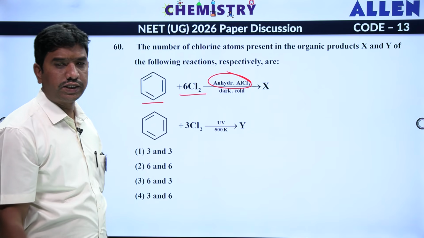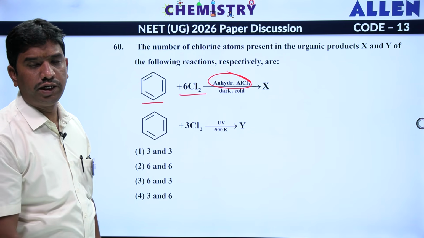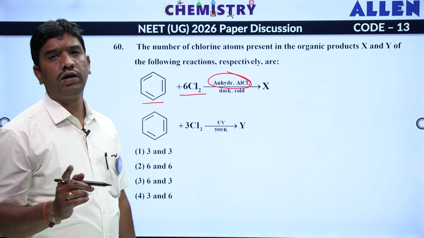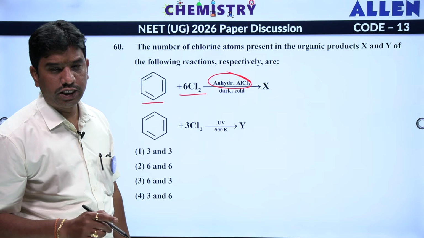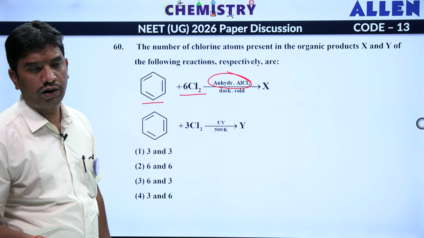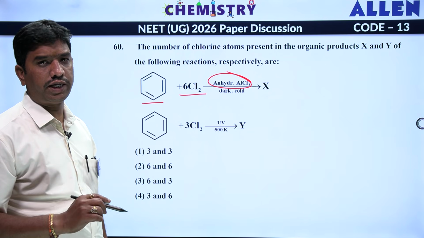In presence of a Lewis acid, halogen reacts with benzene, meaning it is an electrophilic substitution reaction. 1 mole of chlorine reacts with benzene, produces chlorobenzene, but here they gave 6 moles of chlorine. 6 moles of chlorine given means 6 times electrophilic substitution takes place.